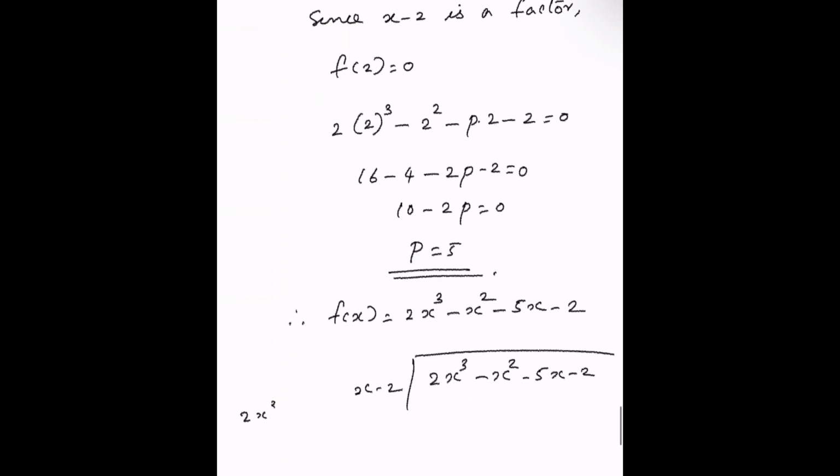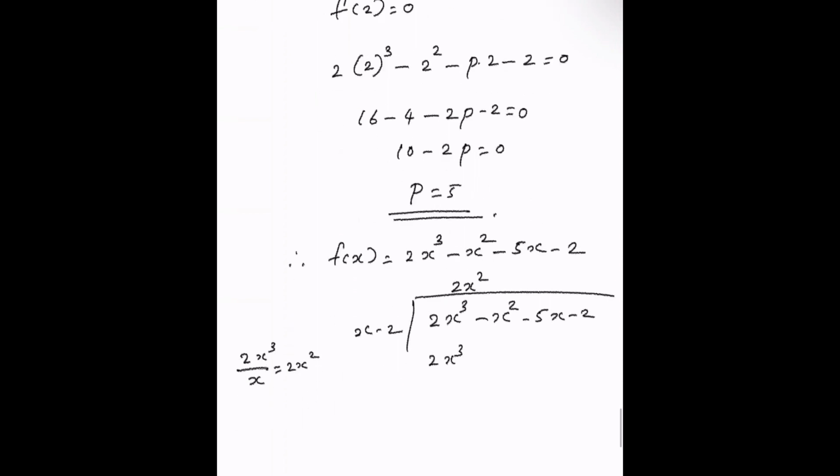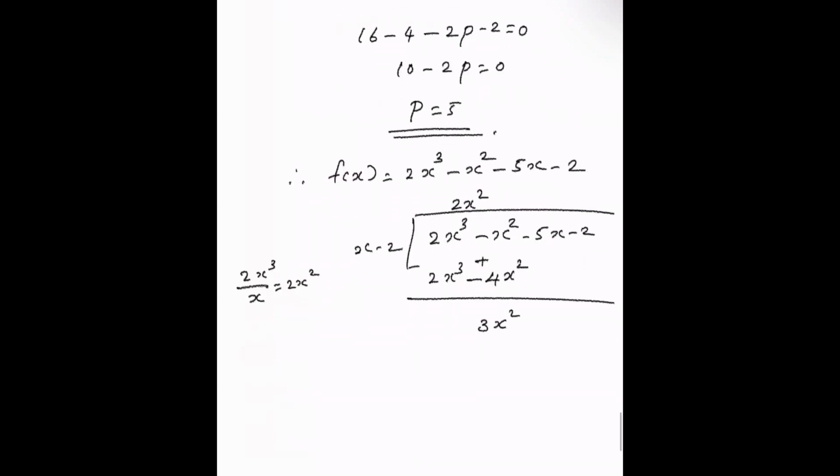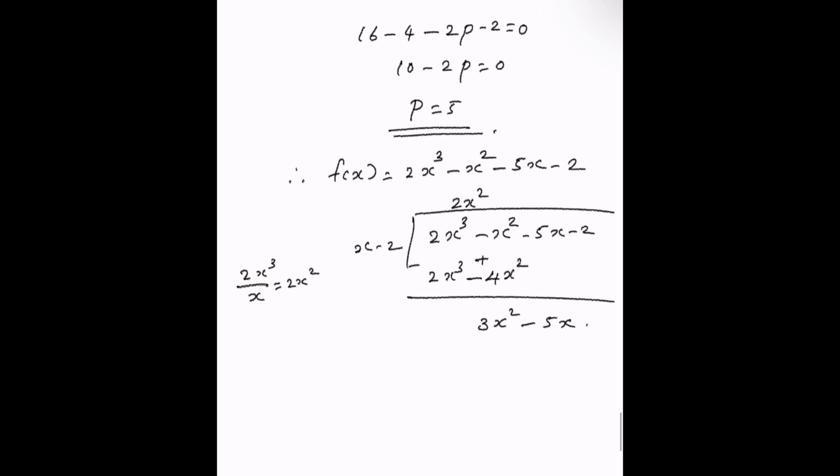So 2x cube divided by x gives you 2x square. That is 2x cube minus 4x square. Subtract. Okay, so 3x square minus 5x. Divide 3x square by x, I get 3x.